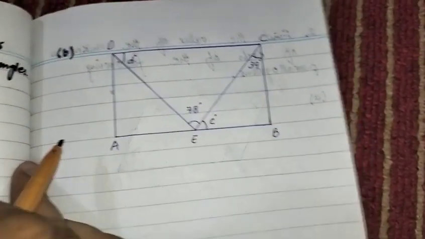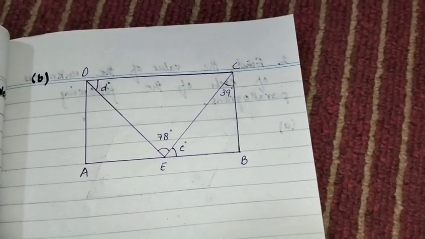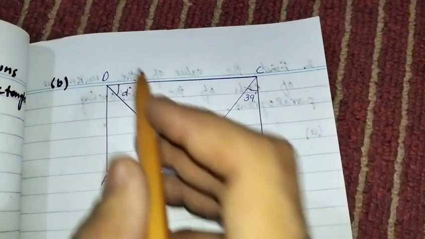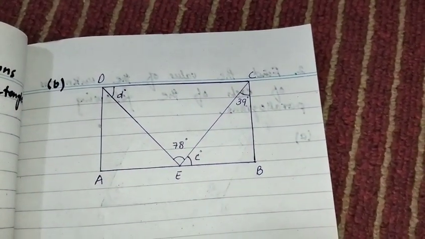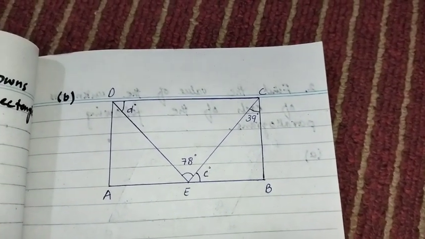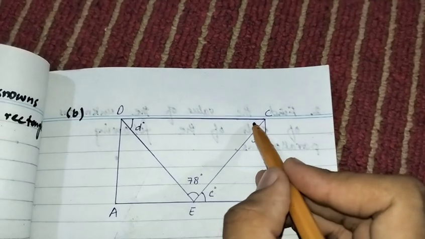In this part we also have a rectangle, and we know that at all the vertices the angle is 90 degrees.